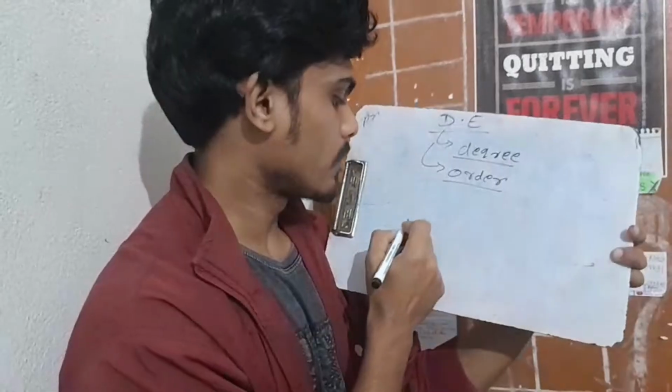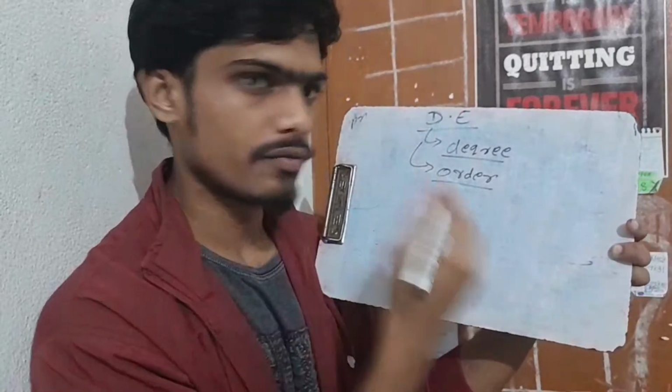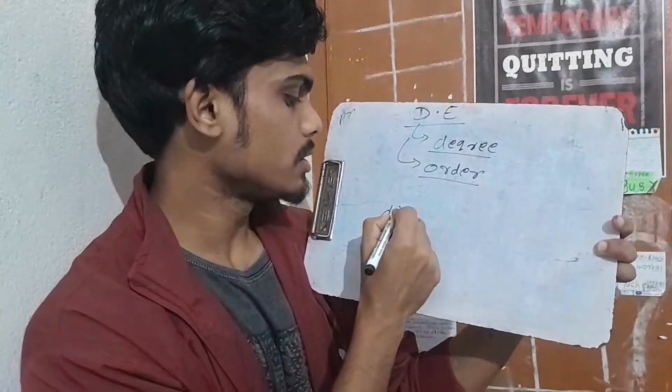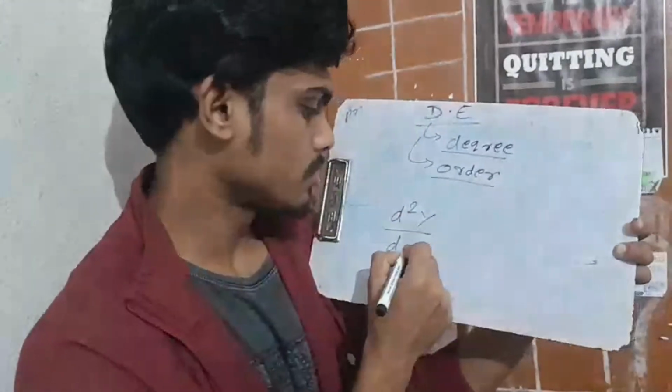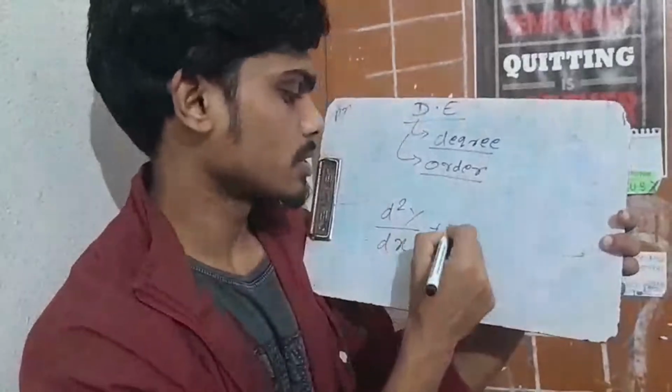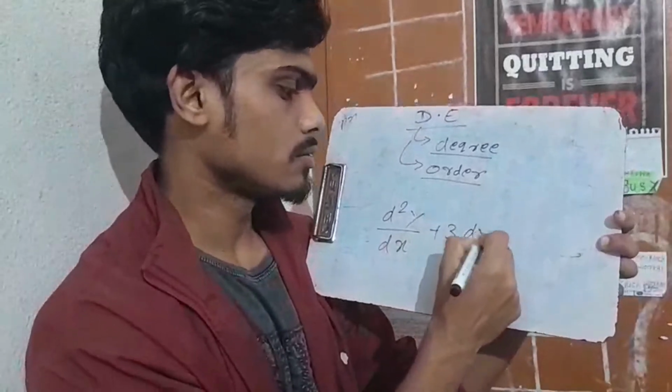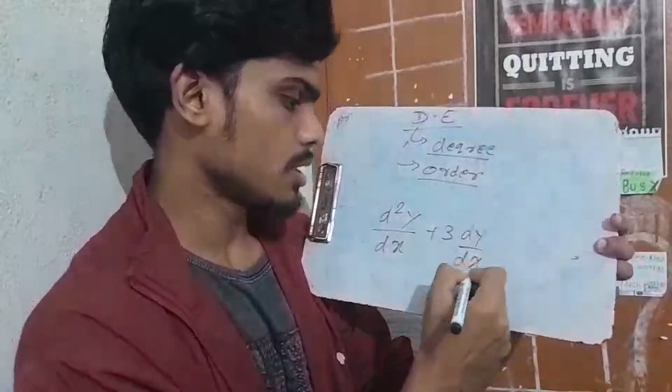So we have already noted here the differential equation, that is d square y by dx square plus 3 dy by dx.